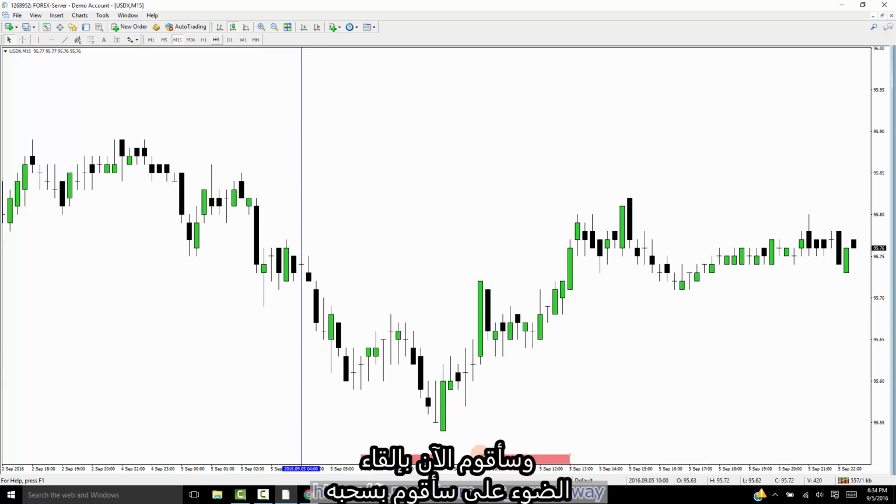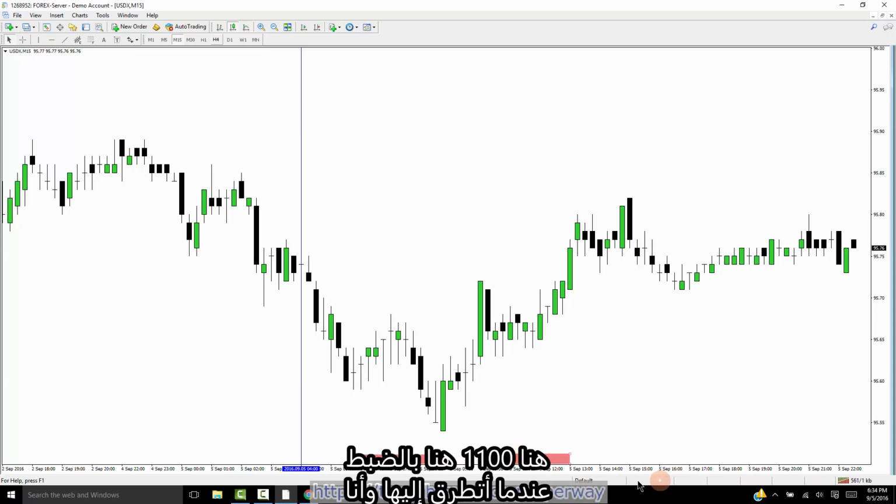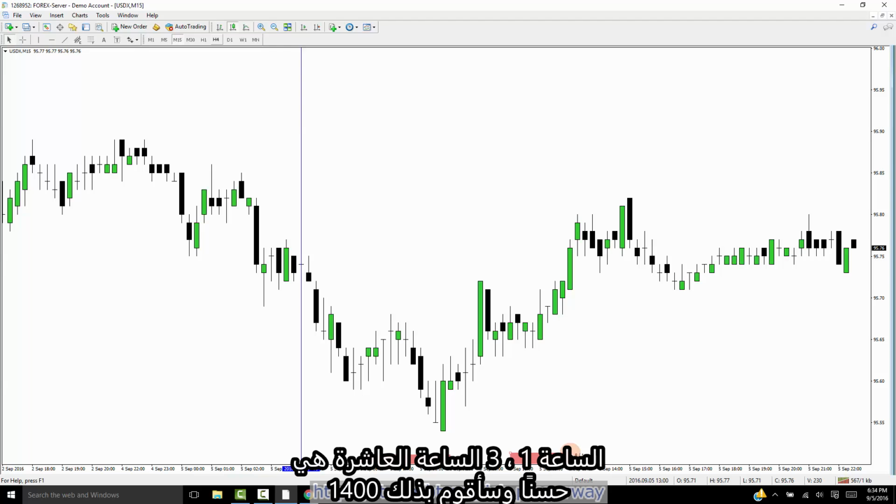Now that it's highlighted, I'm going to drag this edge of this box until it goes to 1100. Right there. See it? Right here, 1100, right down here when I touch it. And then I'm going to drag it. So 8 o'clock is 1200, 9 o'clock is 1300, 10 o'clock is 1400.